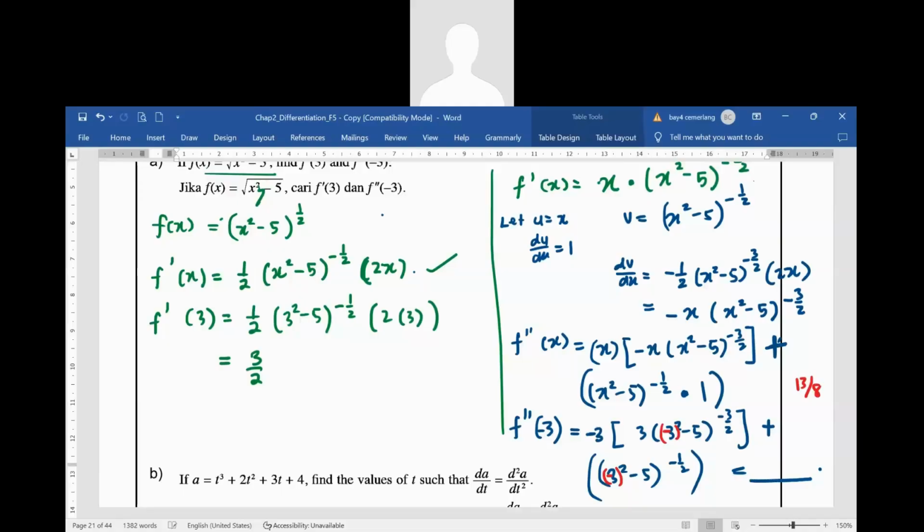Not negative 5 over 8. Sorry, sir, I forgot to change the 3. I put negative 3. Okay, so yeah, negative 5 over 8. Negative 5 over 8, the answer.